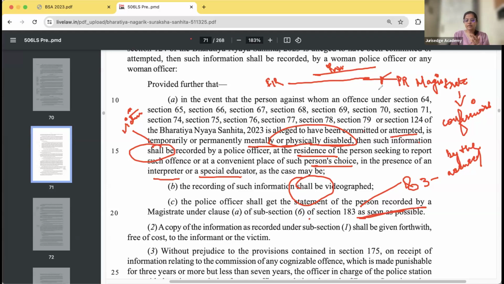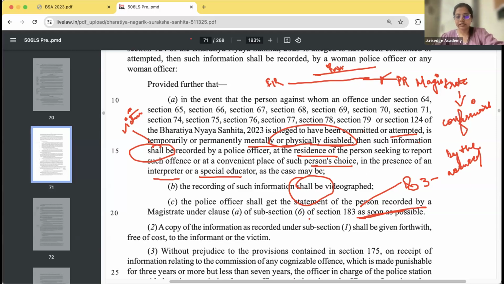So under 183, this is 164 if you talk about the older laws. If you see 183, subclause A of subsection 6, a lot of changes are there in 183 also. What it is stating is about the rape sections only, or the offenses against women only.